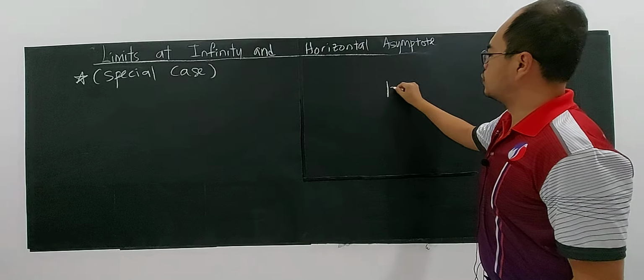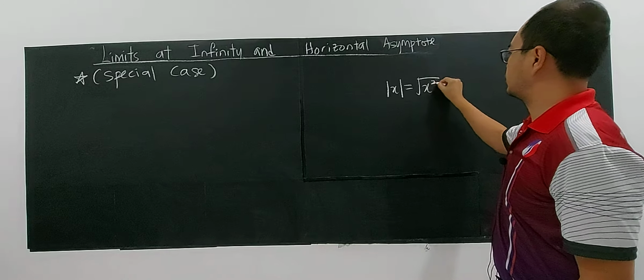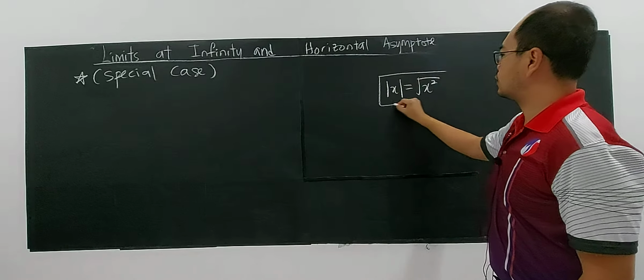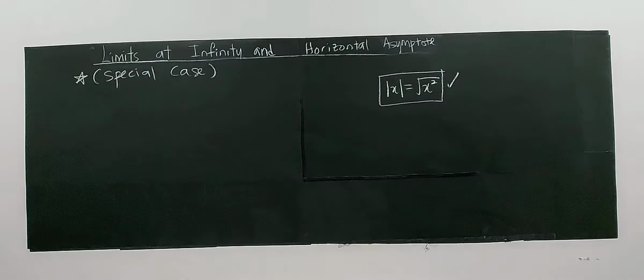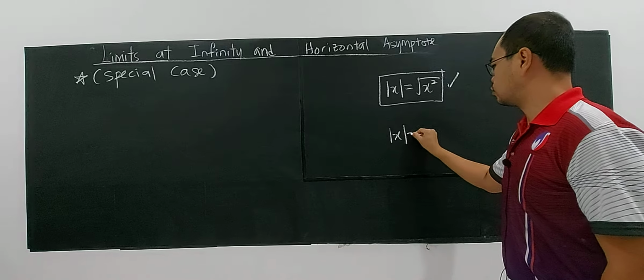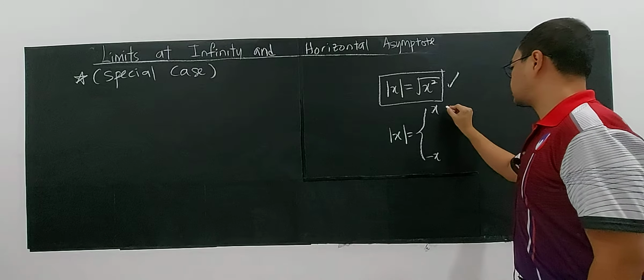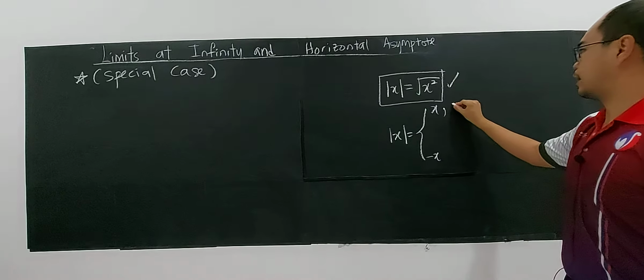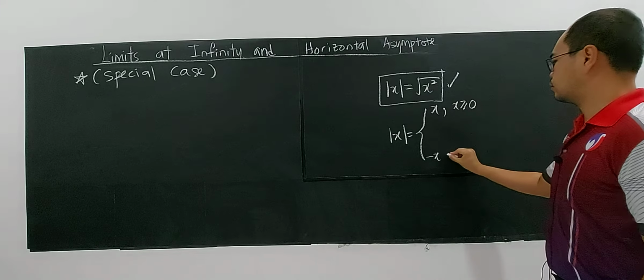As you know, the modulus of x is defined to be the square root of x squared, right? So we can rewrite it as this. At the same time, the modulus of x is also x when x is greater than or equal to 0.